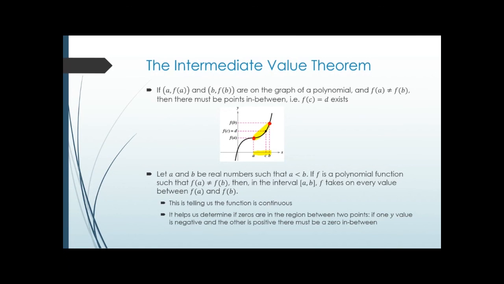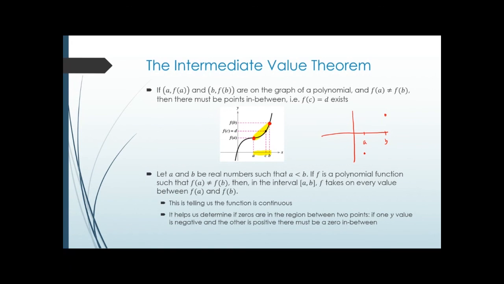And a side effect of the intermediate value theorem is that this helps you determine if there's a zero. So let's say f of a, the y value at a, was negative, and the y value at b was positive, and let me draw, instead of what we see here, we have a and b, but let's say f of a was here and f of b was here, instead of the picture that we have.